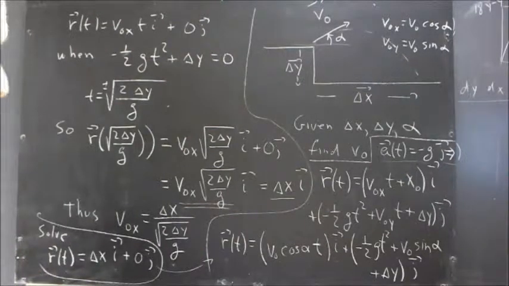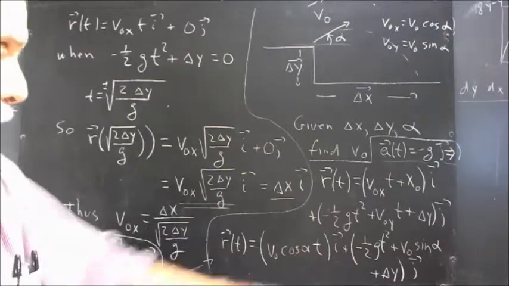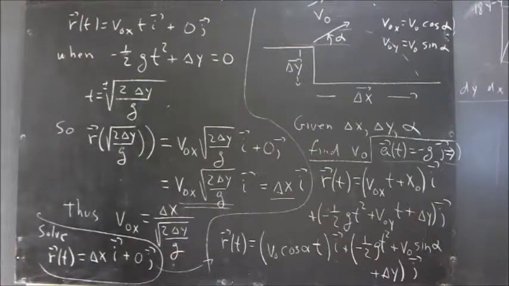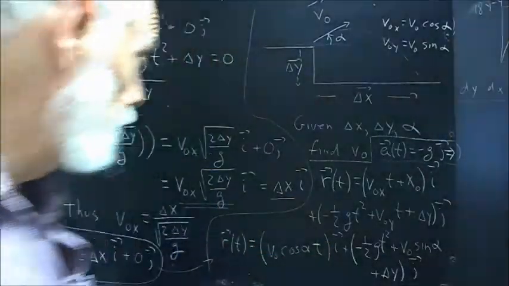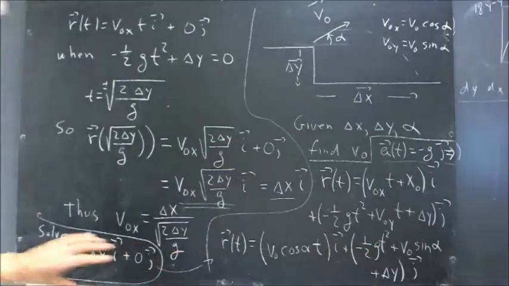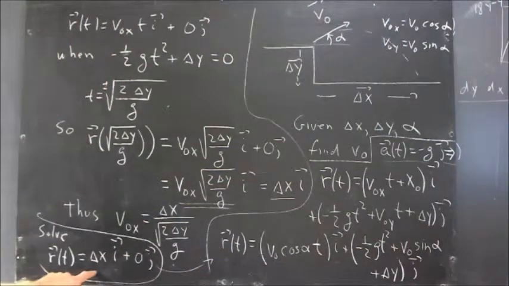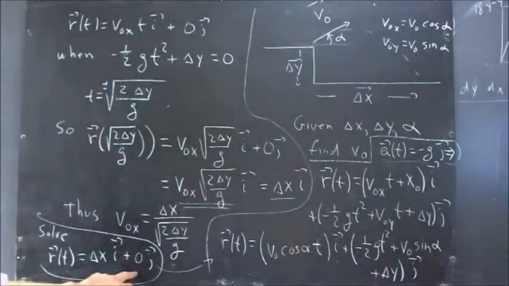But in any case, our condition is that when the y component is 0, the x component is delta x times i, with all the rest of the parameters. So we're still going to set all this equal to this. And that's going to give us a pair of equations. When we set this vector function equal to this vector function, we find that V0 cosine alpha t is going to equal our delta x, and that this negative 1/2 g t squared, etc., is going to equal 0.